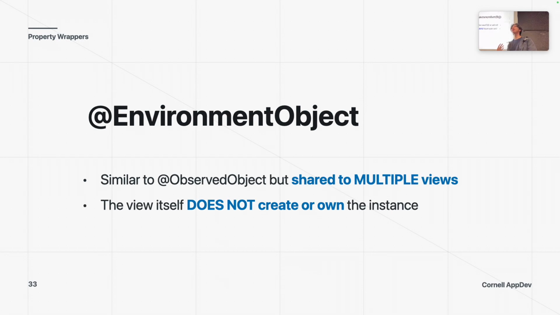So it's the same thing as @ObservedObject, but @ObservedObject requires it to be passed in from one parent, whereas @EnvironmentObject can just take it from some environment. So if you want multiple views to be able to share that same property, you want to use @EnvironmentObject. Again, it doesn't create or own that property.